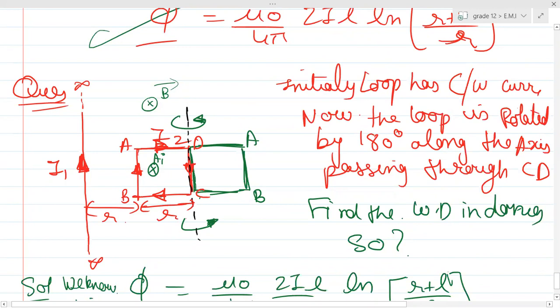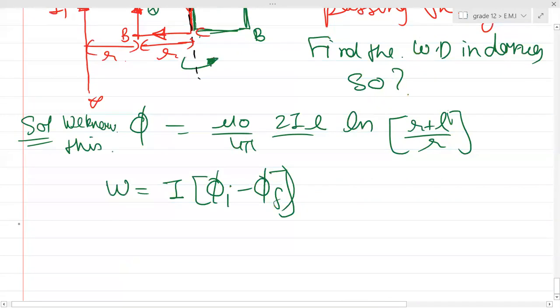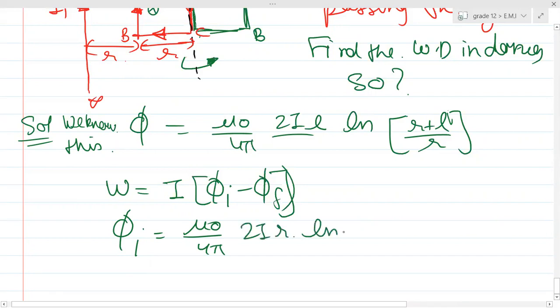Can you see the only difference I made? I said L and R are equal to each other. If L and R are equal, then the formula will be modified as phi initial equals mu naught by 4 pi, twice of I ln 2R. Please remember, when you get this question, you will be doing the same thing. Yes or no?